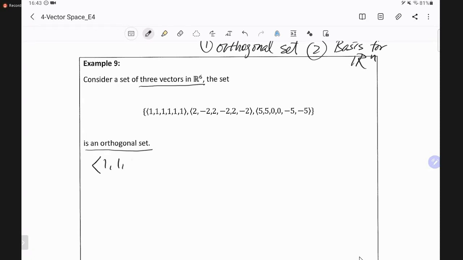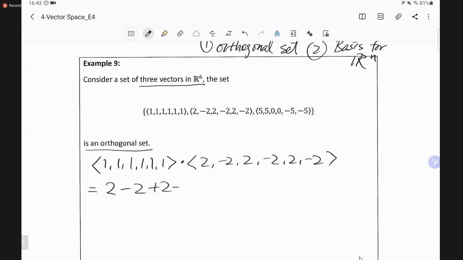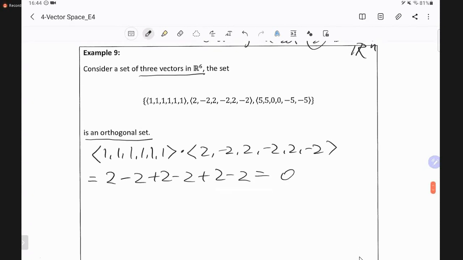Maybe I pick 1 1 1 1 1 1 dot another vector, maybe the second one, 2 -2 2 -2 2 -2. After the evaluation of the dot product, what do you get? You should get 2 minus 2 plus 2 minus 2 plus 2 minus 2. You can check, it equals 0.